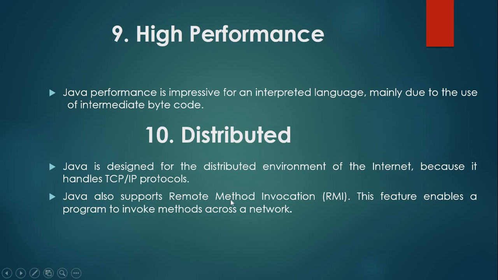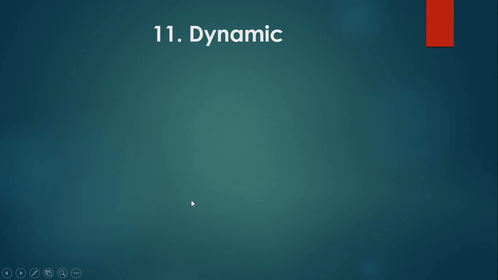Java also supports remote method invocation, RMI. These features enable a program to invoke methods across a network. That we will understand in the next video lectures. 11th and final is dynamic.